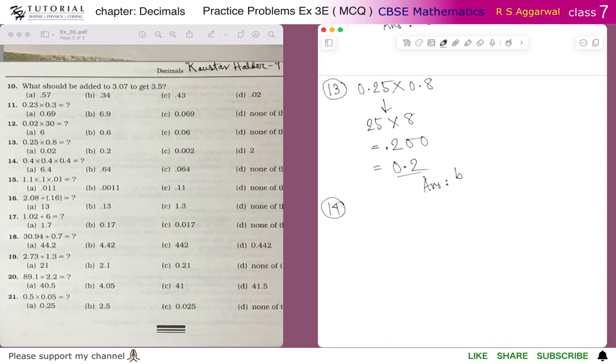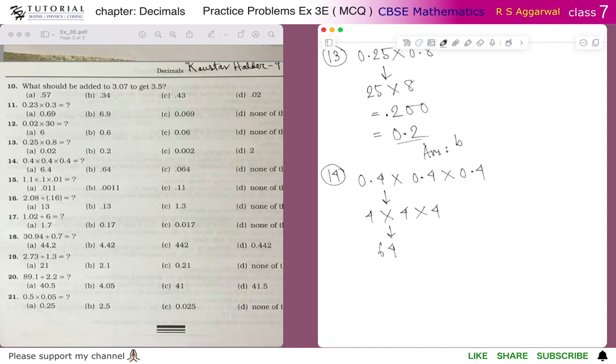Okay, so let's do problem number 14. It is asking to multiply 3 decimal numbers and each of them is the same: 0.4, 0.4 and 0.4. We will simply multiply all the decimal numbers as whole numbers by omitting their decimal points first. That is step number 1. So this becomes 4 into 4 into 4. This is 64. And now we have to put the decimal point in 64 in such a way that its decimal places become the sum of the decimal places of all the decimal numbers present in the product.